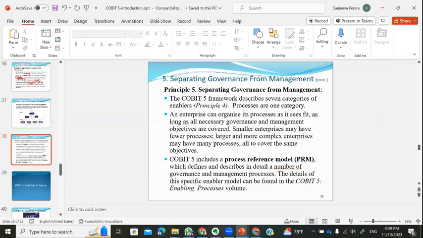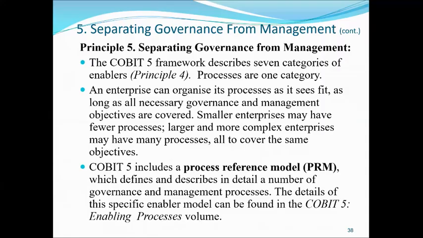Okay, now let's look at this. The COBIT 5 framework describes 7 categories of enablers. Processes are one category. An enterprise can organize its processes as it sees fit, as long as all the necessary governance and management activities are covered. So we discussed the process reference model.